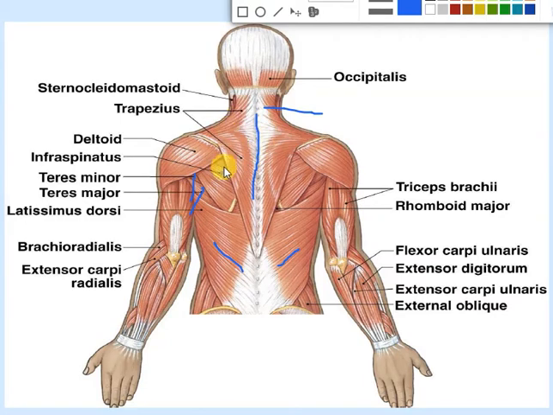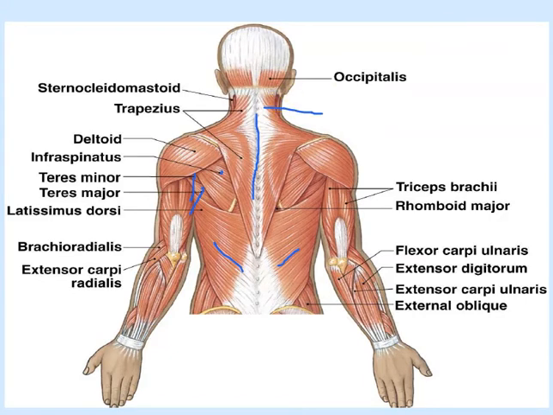But here we are dealing with the rhomboid major and the rhomboid minor, the trapezius, and this muscle, latissimus dorsi. So these are the muscles which we discussed more in this session.